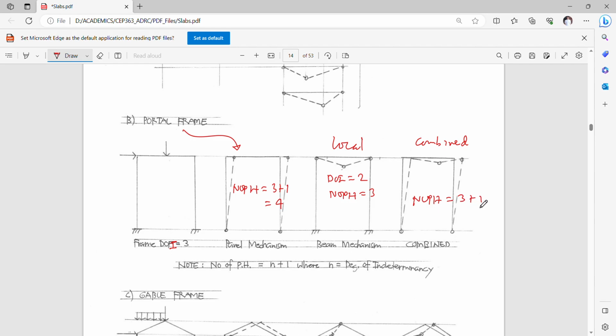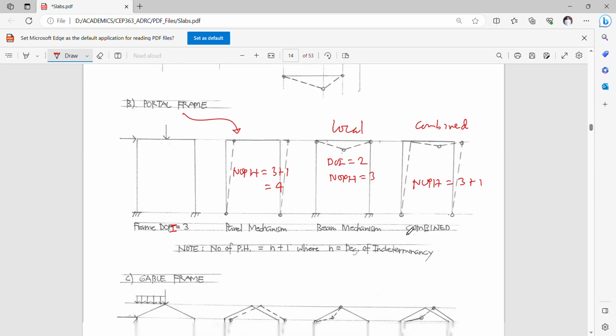So I may count 1 and 2 here, and I only need 2 more here, either this or that, to make this frame unstable, and it will be subjected to a failure mode as soon as these four plastic hinges are developed.